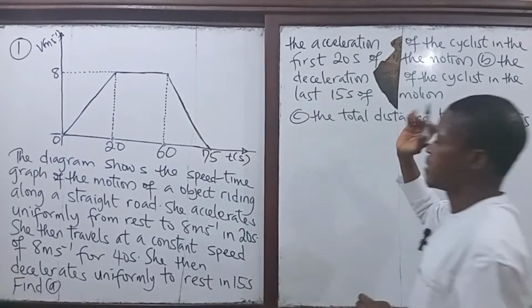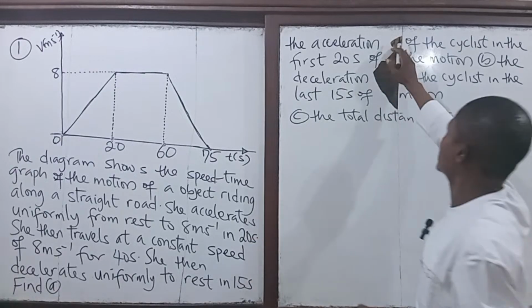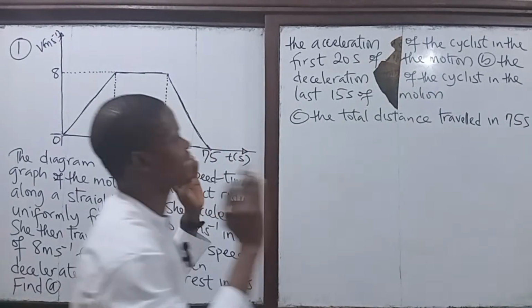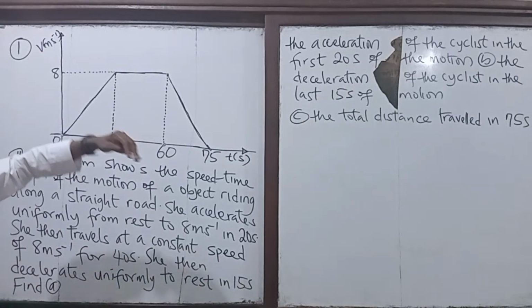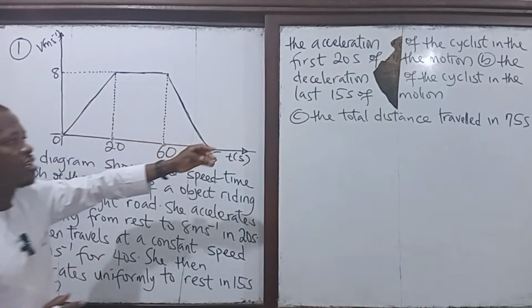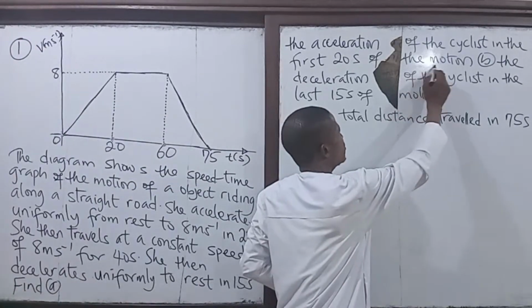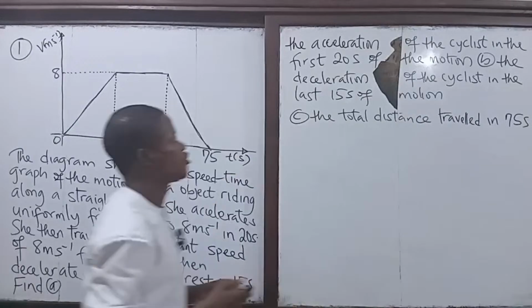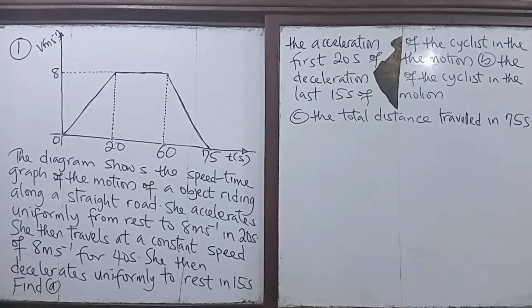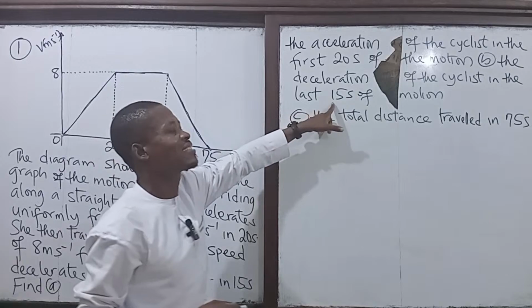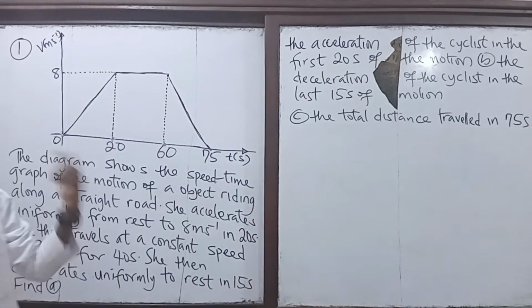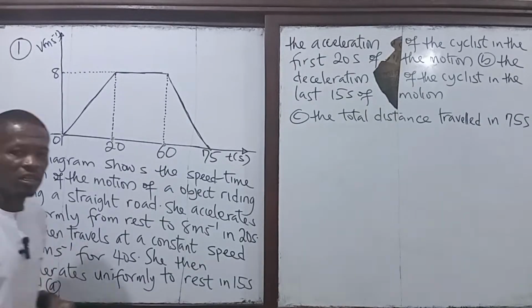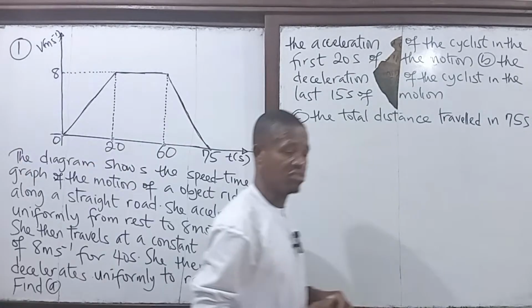Then we are asked to find the acceleration of the cyclist in the first 20 seconds of the motion, the deceleration of the cyclist in the last 15 seconds of the motion, and finally the total distance traveled in 75 seconds.